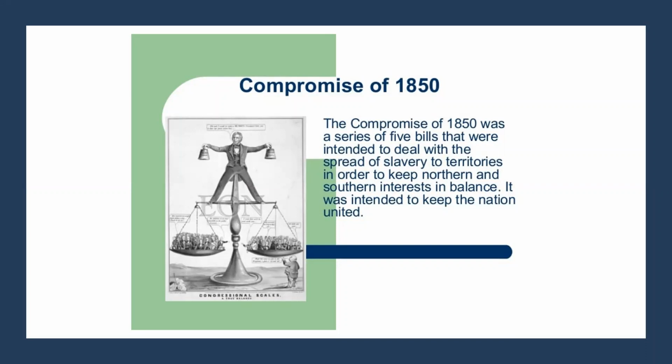The key features were California's entrance as a free state, the creation of territorial governments that were open to slavery by principle of popular sovereignty, and a new fugitive slave law. The legislation bought the nation some time, and it kept the Democratic Party united and strong. But the fugitive slave law aroused the passions of many Northerners.